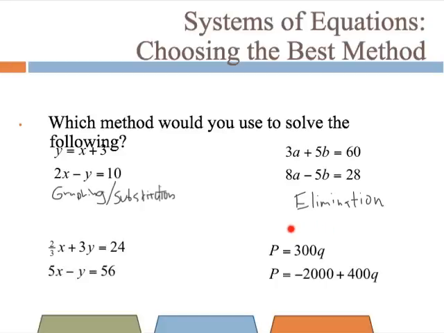Down in the bottom here, this p's and q's problem, I would suggest, again, either graphing or substitution. The fact that we've got both of these in y equals form, I understand it's p equals, but they're both in y equals form, would make for a relatively easy graph, or it's really easy to substitute. Simply put the 300q into the other equation down here, and you can solve that one.